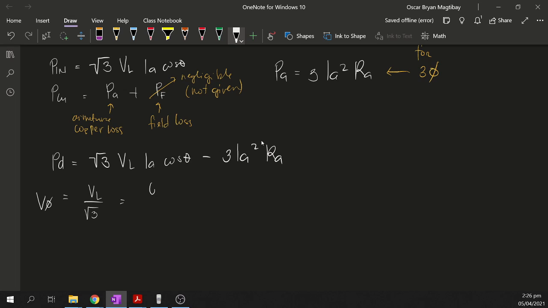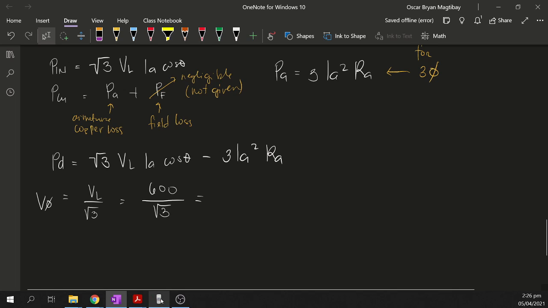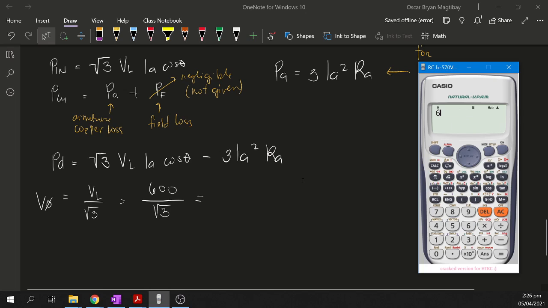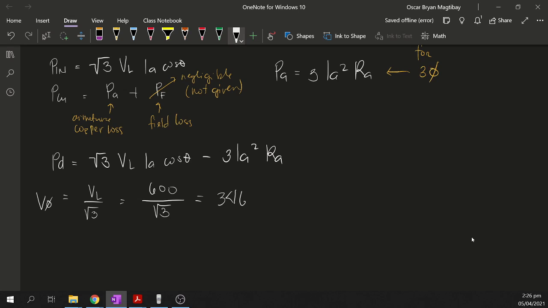So, this is 600 over square root of 3. So, this is what? 600 divided by square root of 3. So, this is equal to 346.41 volts.